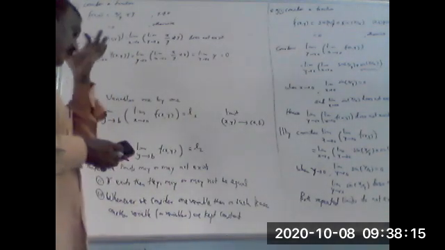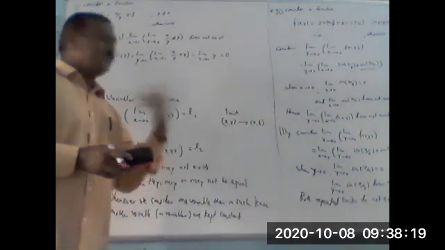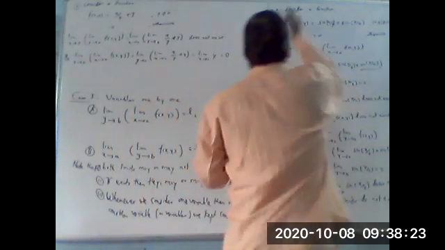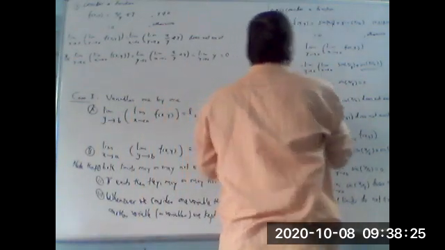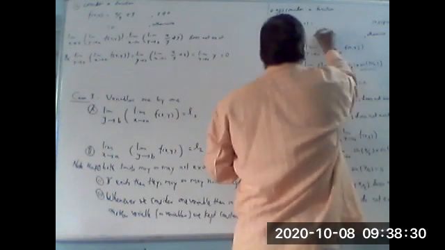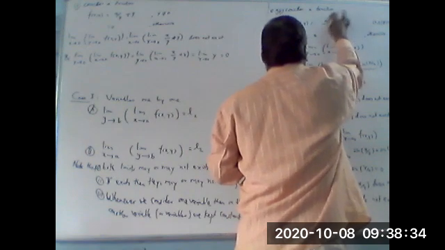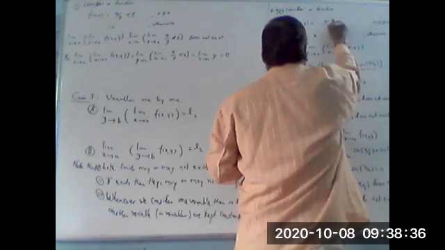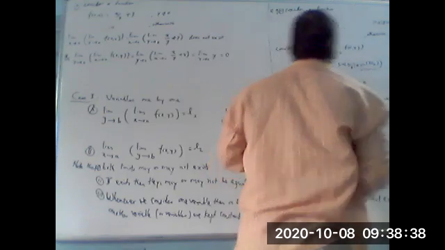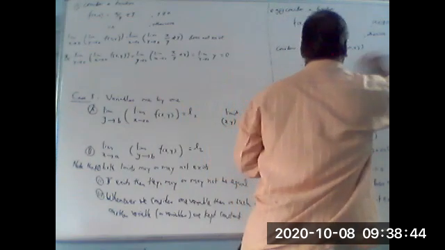Now consider a third function where both limits exist but they are not equal. For that purpose, we will take here f of xy in this way, that is x minus y upon x plus y, and equal to 0 otherwise. Then in this case, what will happen?